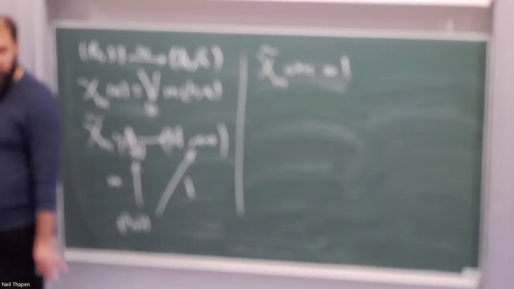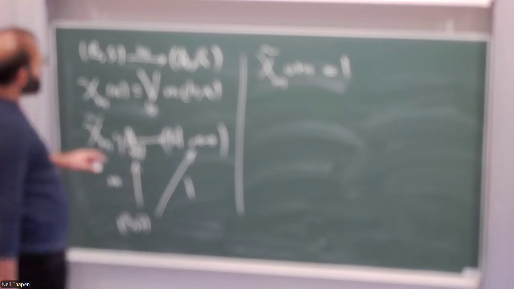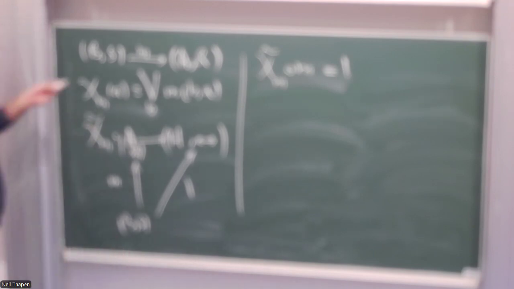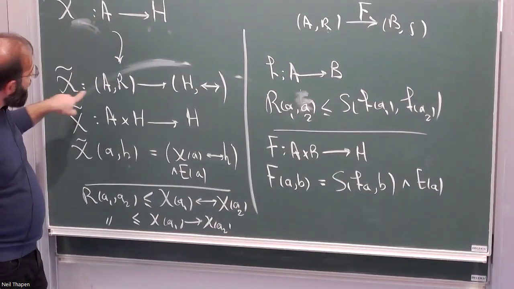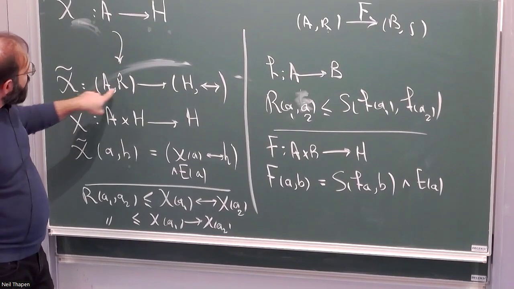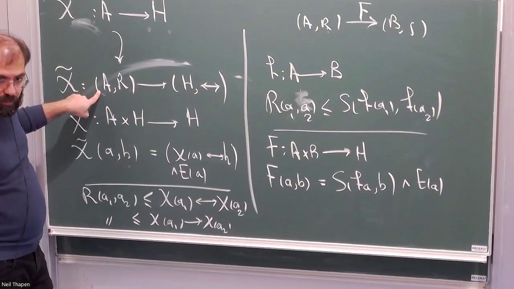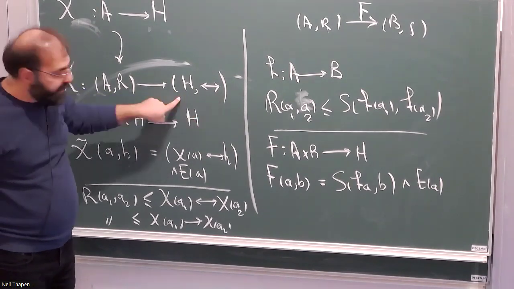Okay, so what are you doing now? Then what I'm saying is, now forget about this thing. What I want to emphasize is that whenever you have one H subset, you can also see it as a map from the H set AR to this H set.